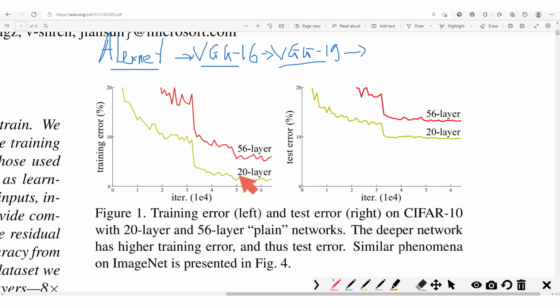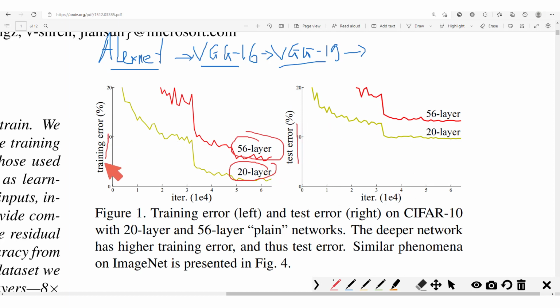So what goes on here is, you see, for this 20 layer network, we have a lower error rate as compared to this 56 layer network. We expect that this should instead be lower than this, because we've stacked more conv layers, but it's the opposite. Now this same phenomenon is witnessed with the test set.